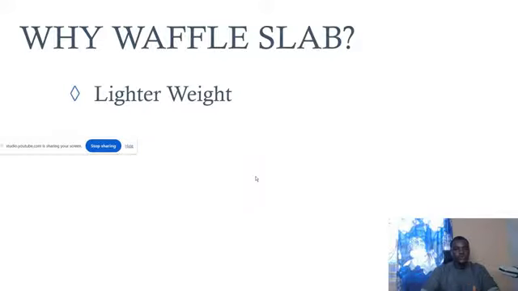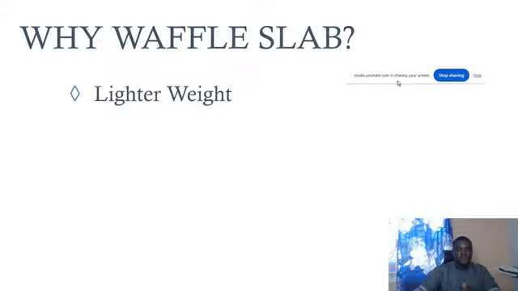So one of the first reasons is that waffle slab is lightweight. Whenever I'm talking about waffle slab, the same thing can also be said for rib slab, but I'm going to be mentioning one or two ways where they differ. When we talk about lightweight, we are comparing the weight of a normal waffle slab to a corresponding solid slab.